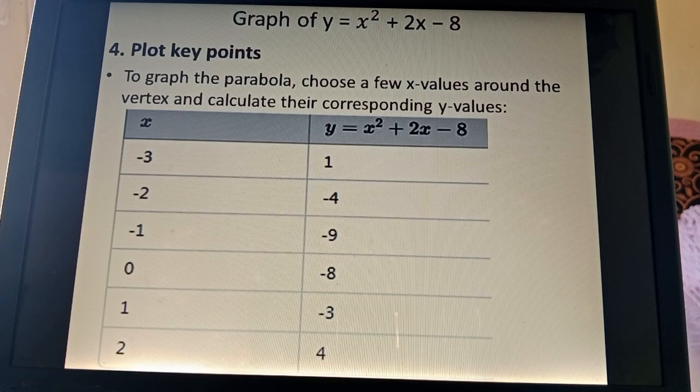If x is 0, then y will be 0 squared plus 2 times 0 minus 8, which is negative 8. And therefore, if x is 1, y is negative 5, and if x is 2, y is 0. So we use these values to guide us on the shape of the parabola.